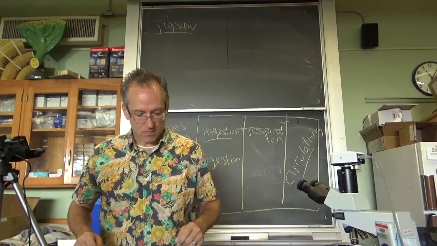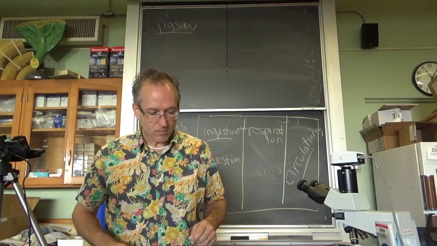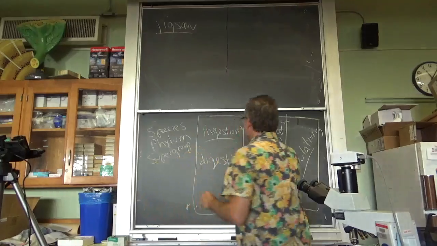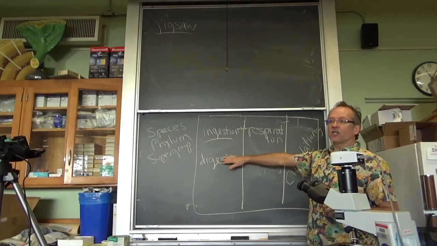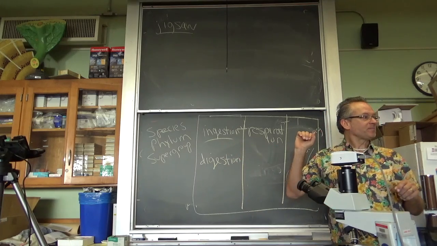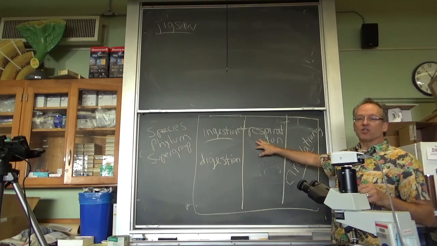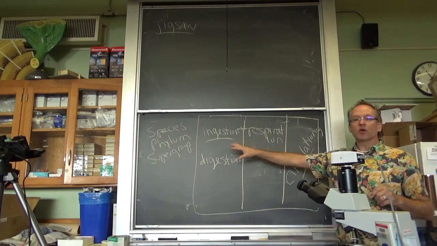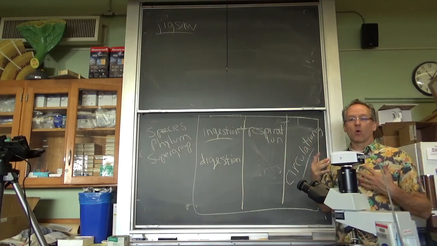Yes? Can you go over the table, how we're supposed to set that up one more time? Yeah, it's in the handout, but basically ingestion and digestion is one set of notes, respiration is another set of notes, and circulation another set. You're going to be taking detailed notes on your organism.